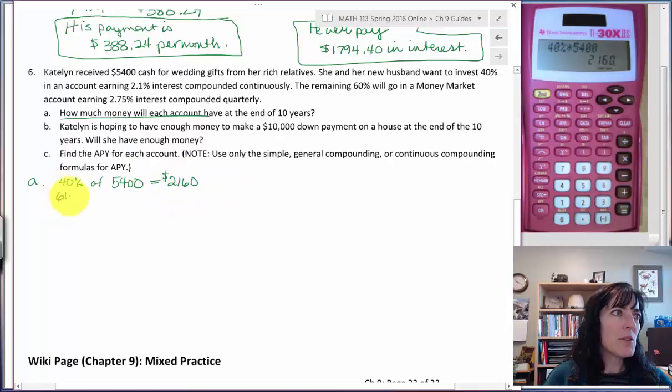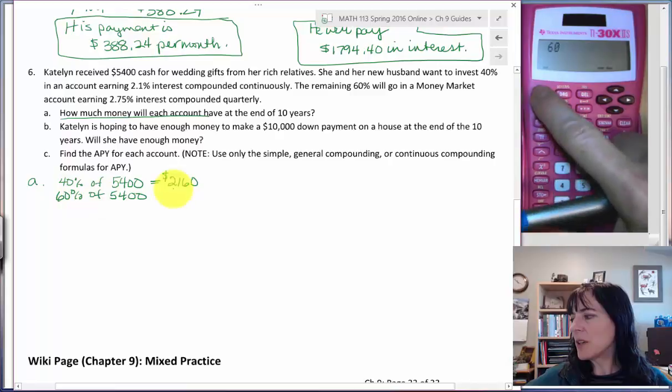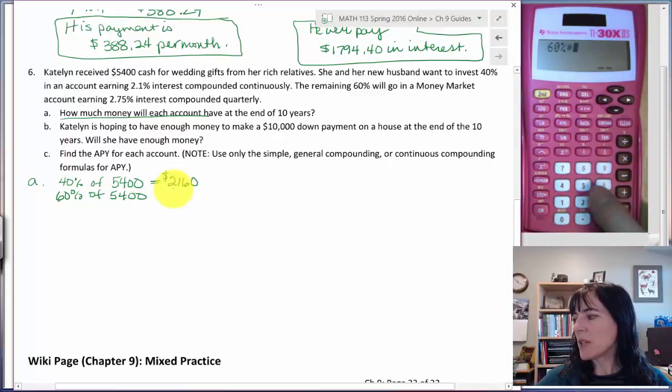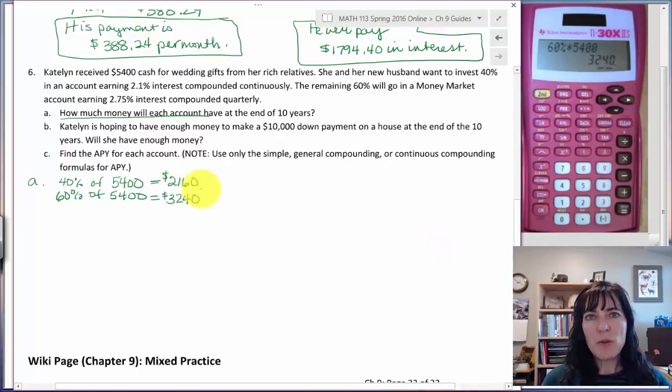And then I also need 60% of the 5,400, so I can do 60% times the 5,400 and get 3,240, and those two numbers should add up to the 5,400, so I'll check that real quick. Plus 2,160, and I get the 5,400. That's good. So I have 2,160 and 3,240.